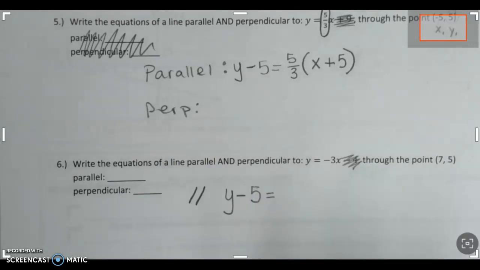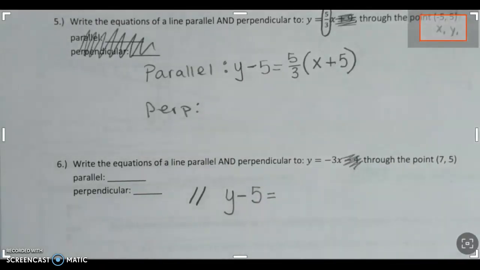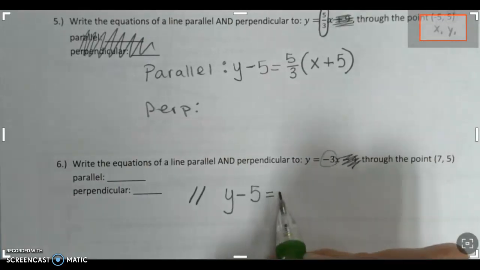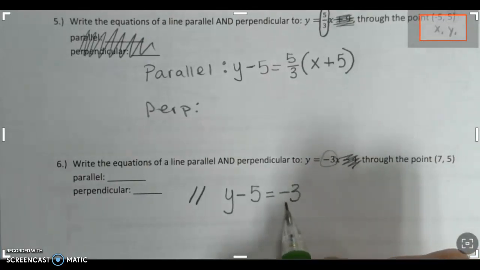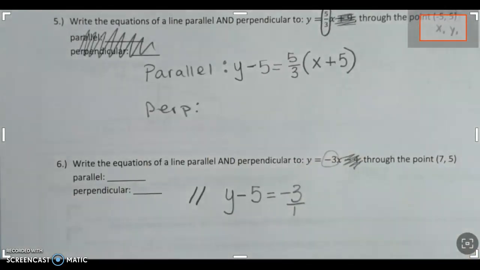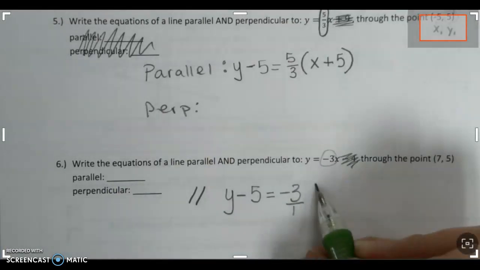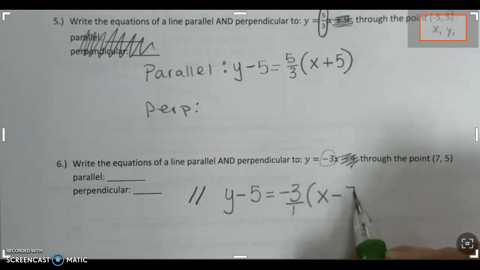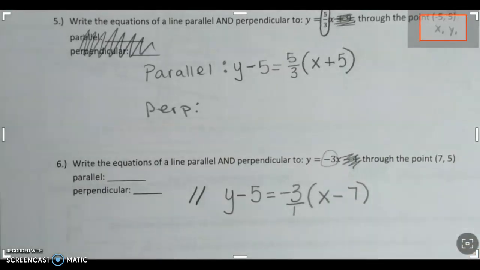Equals -3/1. We're going to steal that slope because I want my slope to be the same as that one. You can put the over 1 if you want, but you don't have to. X minus 7. Okay.